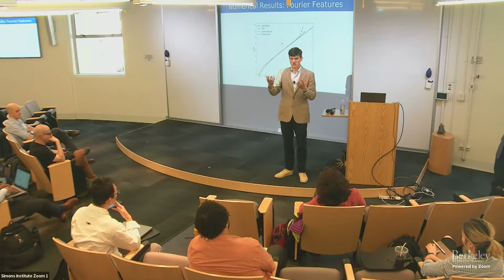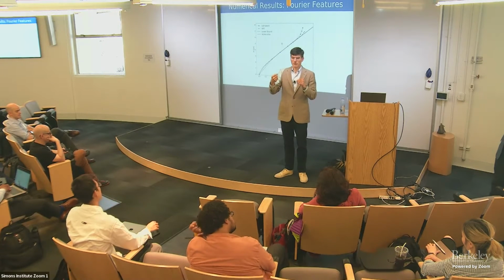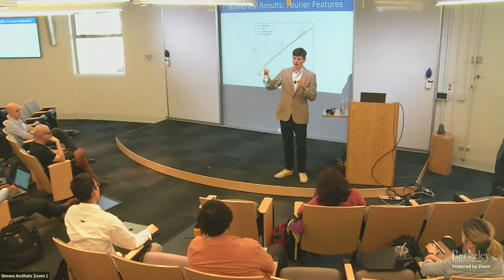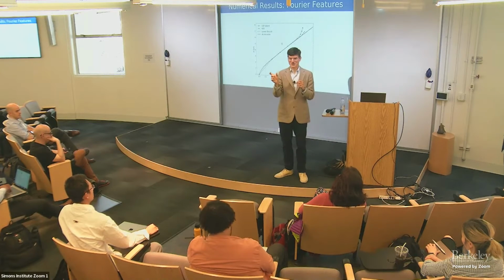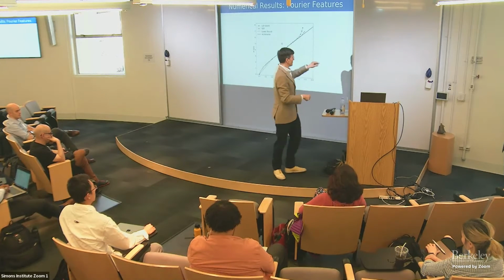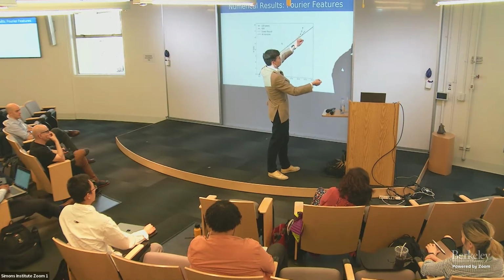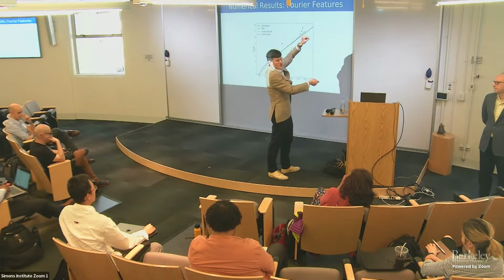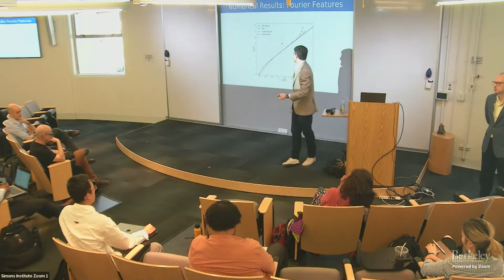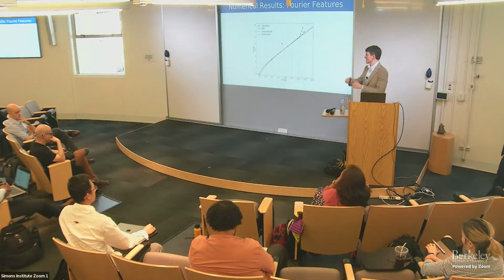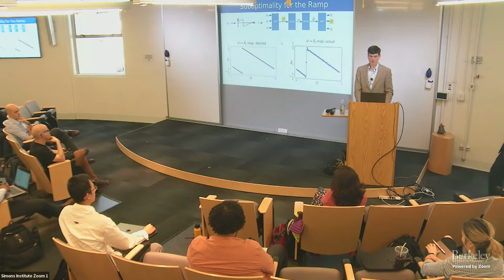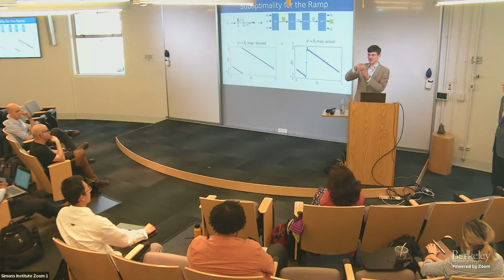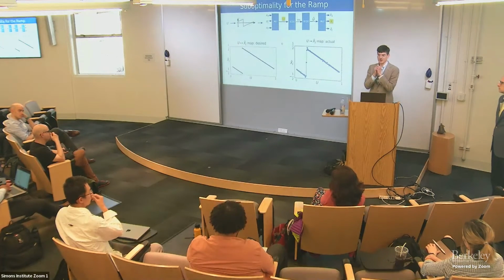You want it to be invertible, but there's no map from R2 to R that maps the circle to the segment in a continuous and invertible way. You map 12 o'clock to 0, and as you go around you get to 1, and now what? You have to quickly come back to 0. That phenomenon crops up also with the ramp. It's another way of thinking about what's going on. Whereas the Sawbridge does not have that property. It's not returning back to itself, so you don't have that same phenomenon cropping up.